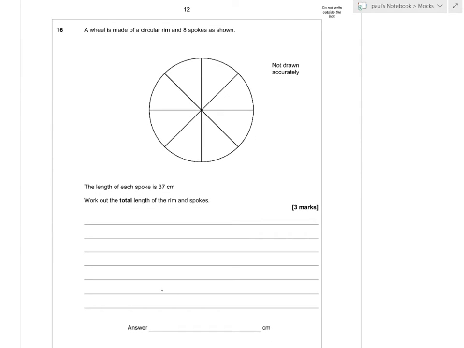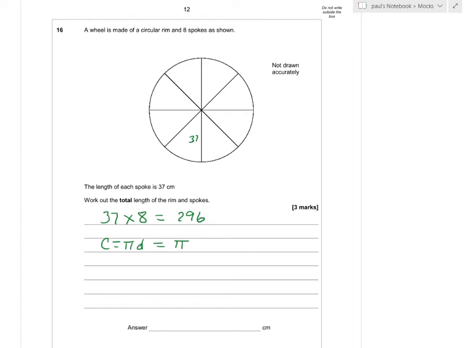A wheel is made of a circular rim and 8 spokes. The length of each spoke is 37. Work out the total length of the rim and spokes. So we've got 37 times 8 would be all the spokes. 37 times 8 is all the spokes, which is 296. And the circumference equals pi d, which equals pi times d.